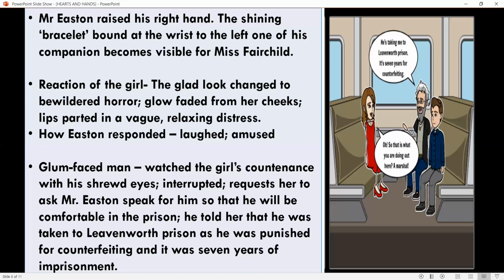So he requests the young lady, saying that from your conversation, I understand that you are old acquaintances. You know, this marshal is taking me to Leavenworth prison. So I will be in the prison for 7 years because I have done counterfeiting. That is, I was involved in some illegal activities.